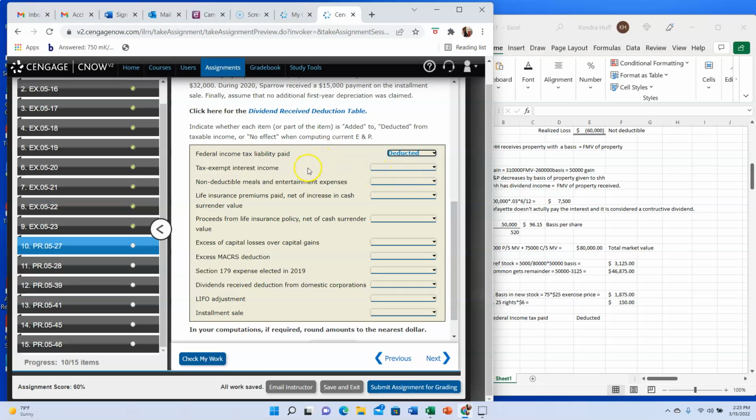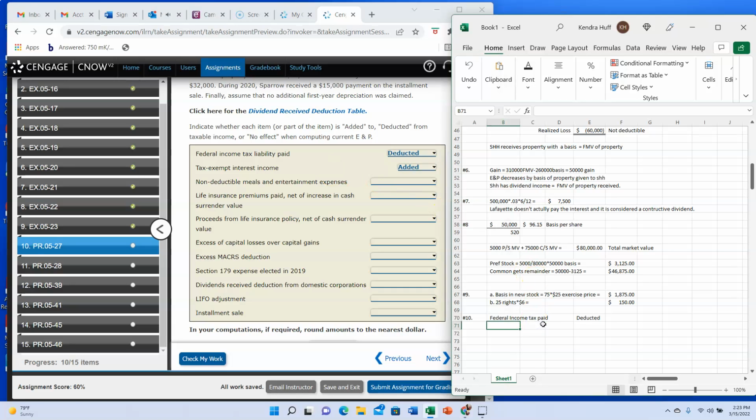All right, tax-exempt interest income we did not include in taxable income, but we want to add it back because it is money that we have. So tax-exempt income, add.